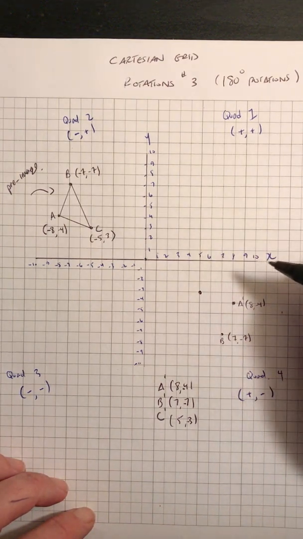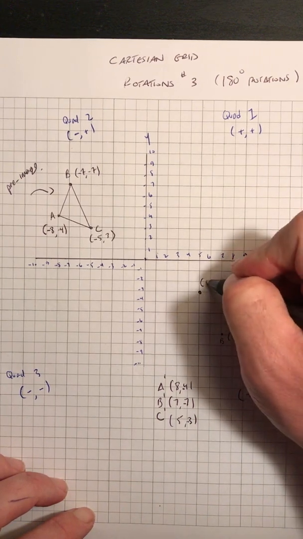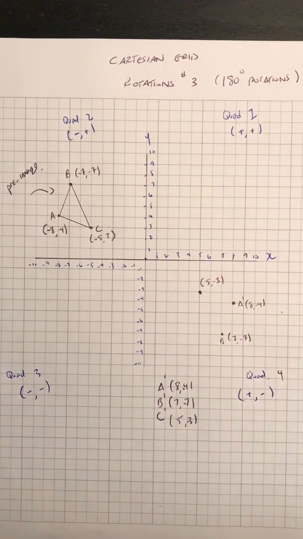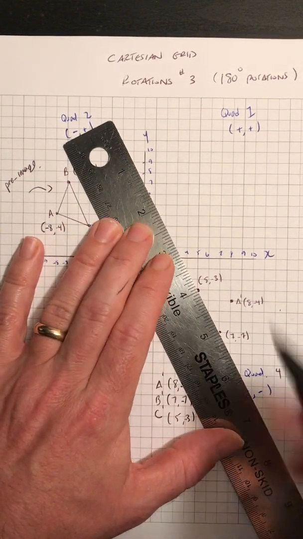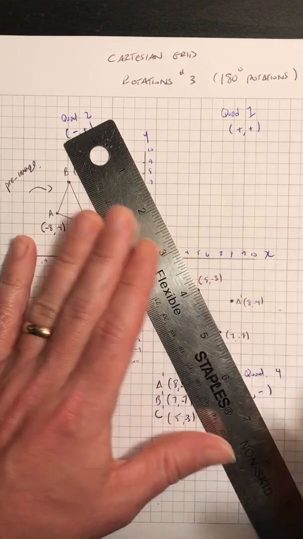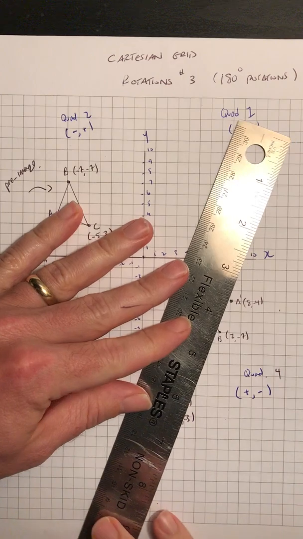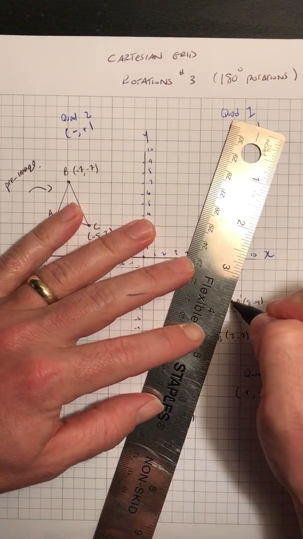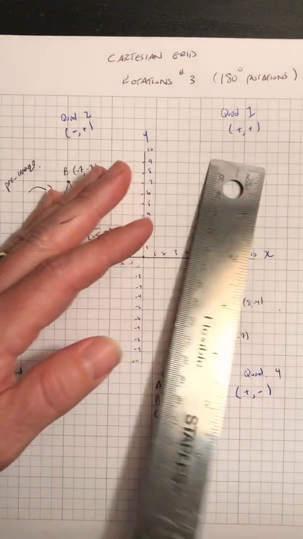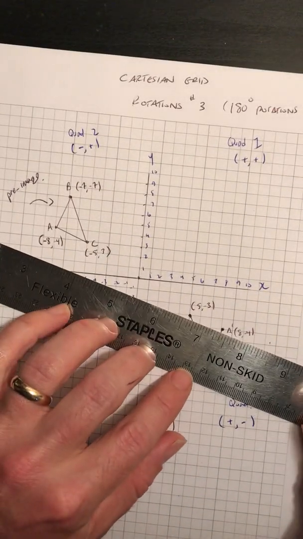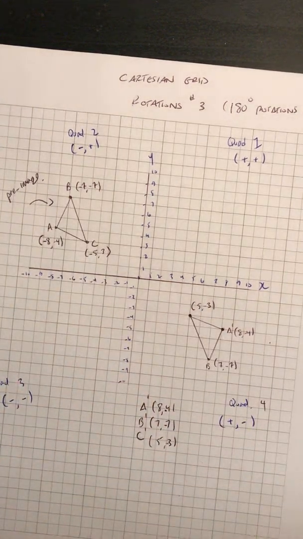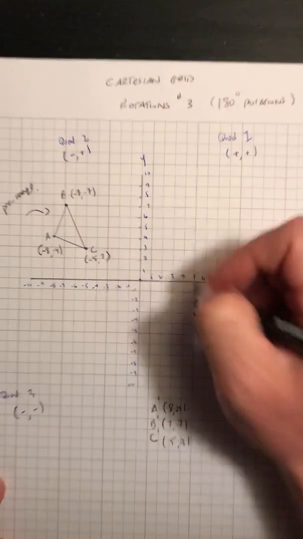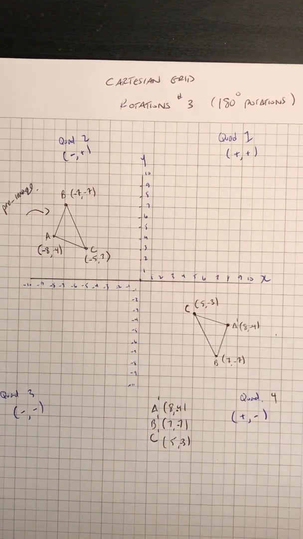Okay. I'm looking at that. It looks good. So what we want to do is connect the vertices. A, B, and C. Okay?